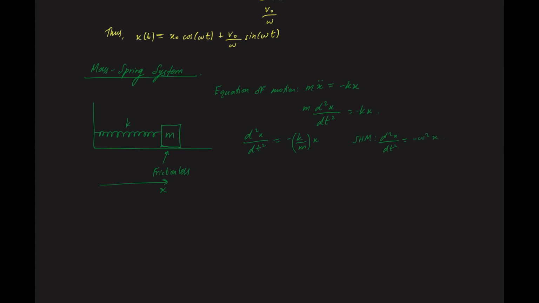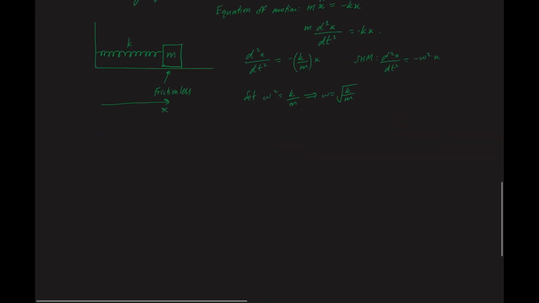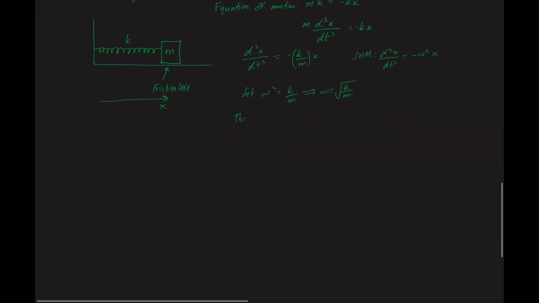They are very similar in form, and in fact, we may set omega squared equal to k over m. So that means omega is the square root of k over m. Then we have d squared x by dt squared is equal to negative omega squared x, precisely the simple harmonic motion equation.